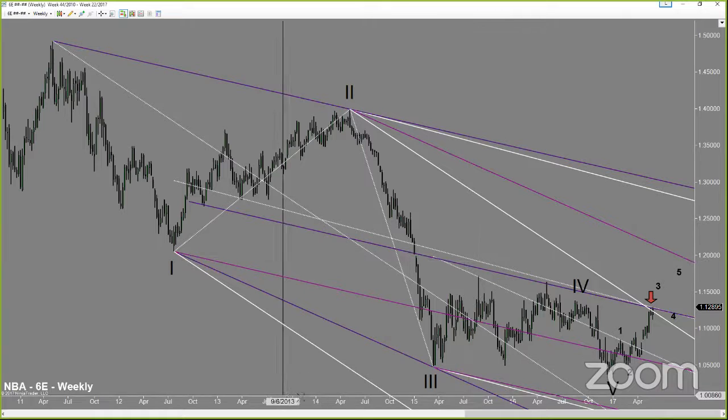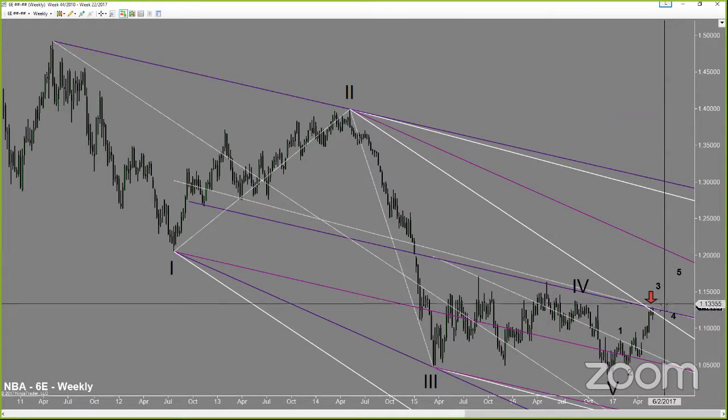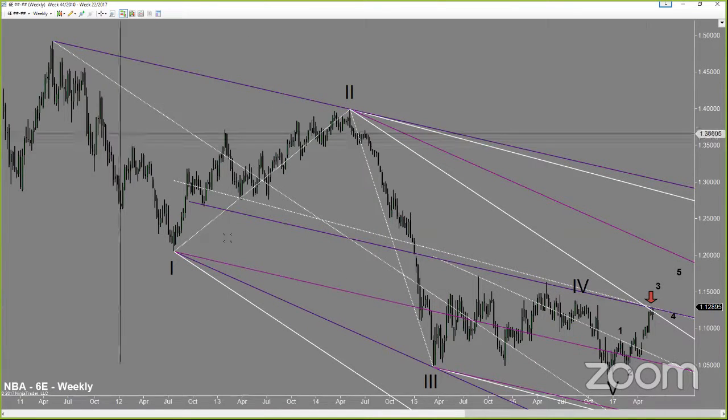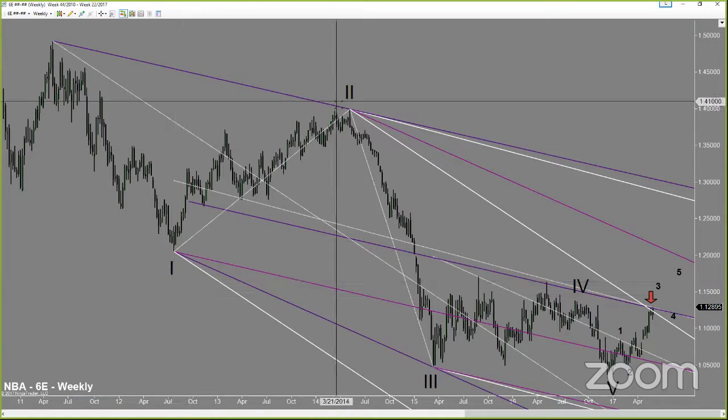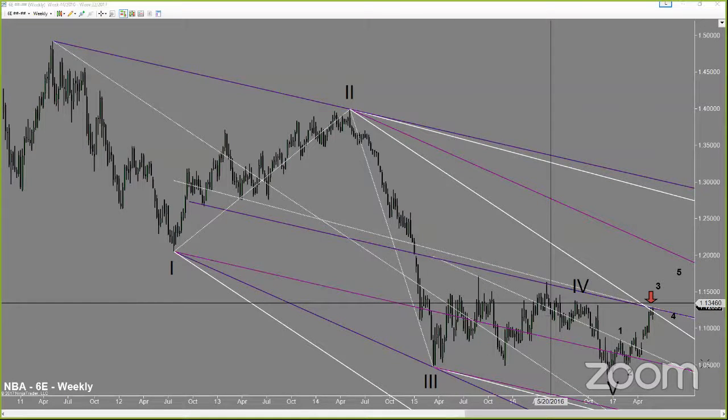All right. So basically we're looking for much more upside is the gist of it. It's looking like a completed 5 waves down right here. So we've got a huge 1, 2, 3, and then a nice triangle for the 4th wave.